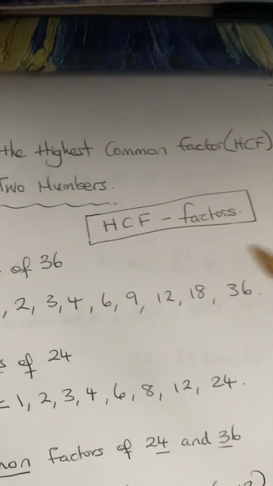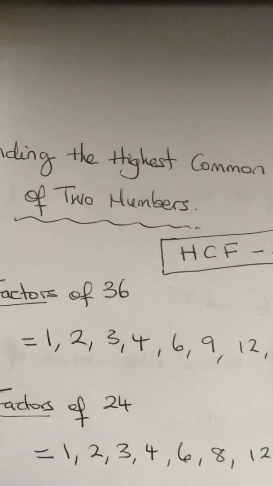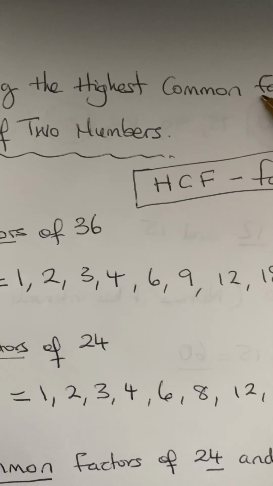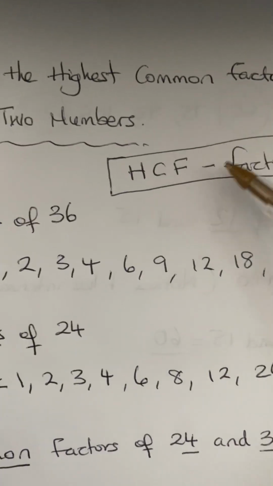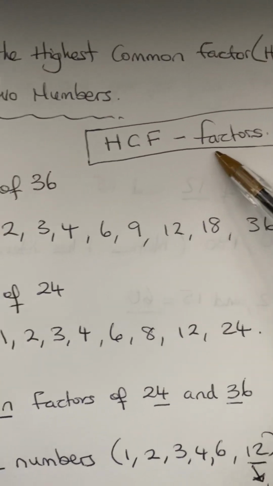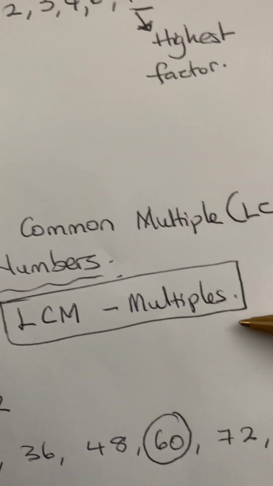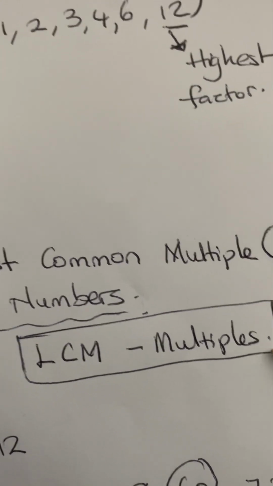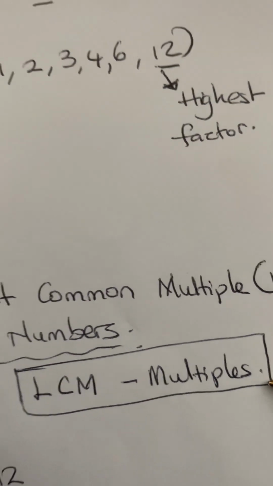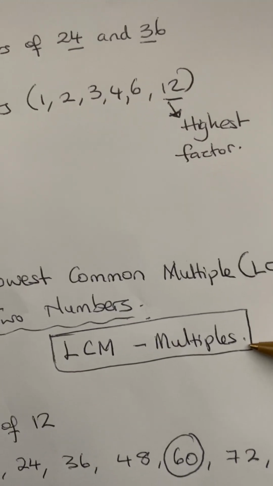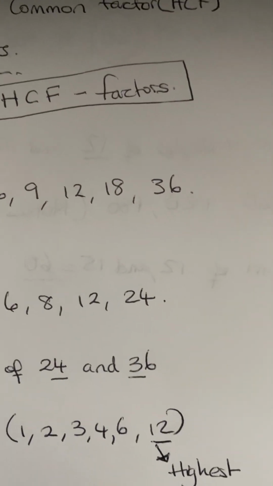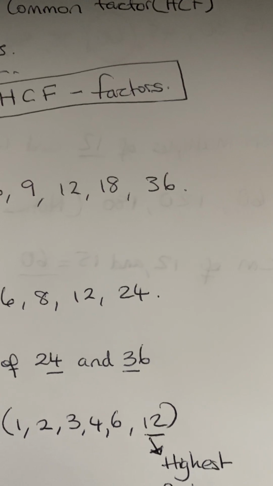When we look at the highest common factor, we are talking about factors. We did factors yesterday, okay? And when we look at the lowest common multiple, we are looking at multiples. Yesterday we looked at multiples, and then we look at factors. So that is a clue.